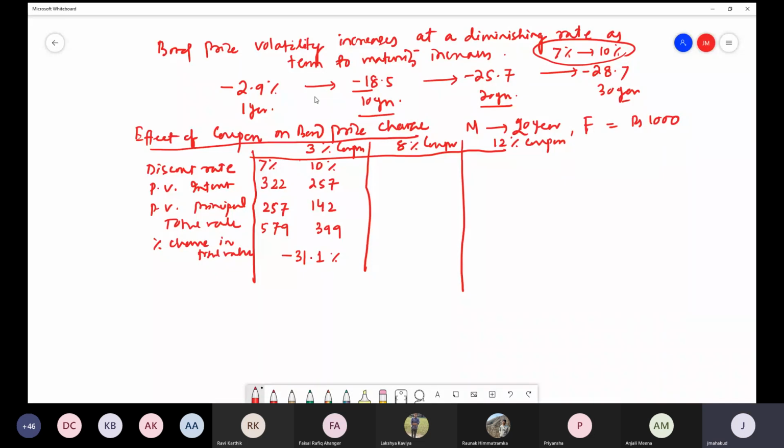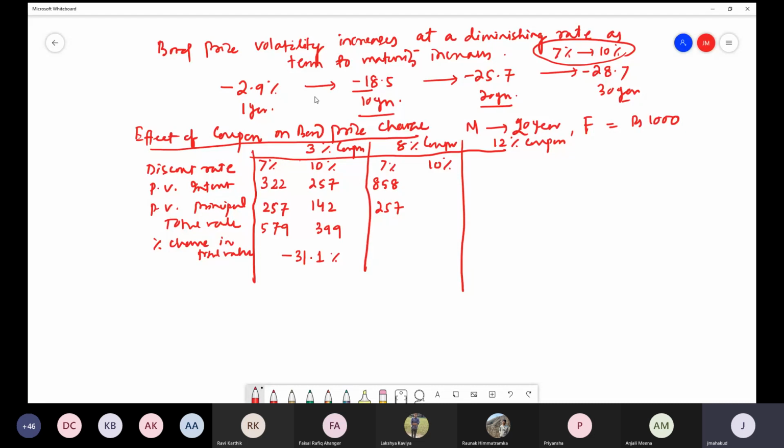And whenever there is an 8% coupon, let the interest rate be 7% and it has increased to 10%. Then the valuation at the rate of 7%: the value becomes 858 for the interest, and your principal will be 257.